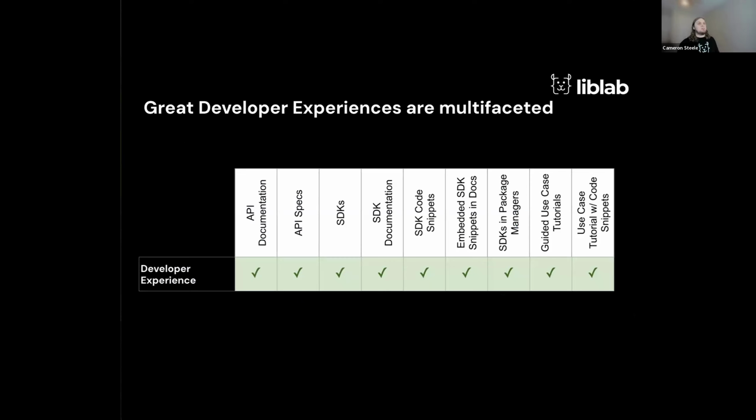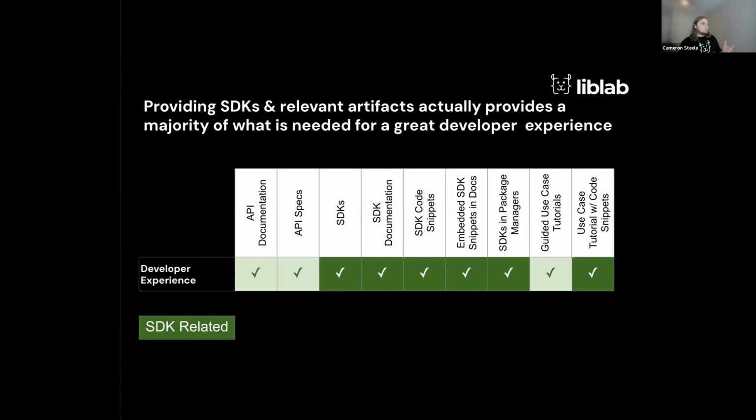All of those things are big parts of building this great developer experience. And as you can see, SDK generation tools really help fill in these gaps. As you can see in this chart, we showed the different things that a lot of these tools will provide.